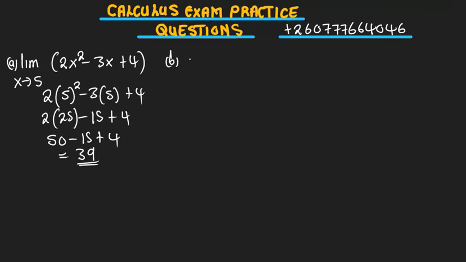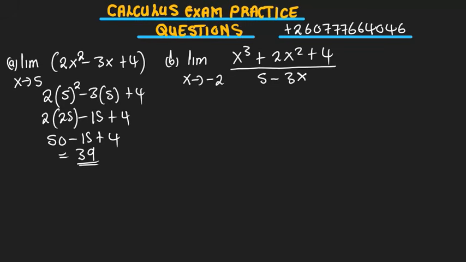The second question is saying you have the limit as x is approaching -2 of x cubed plus 2x to the power 2 plus 4, all over 5 minus 3x. HC students, this is just the same concept as the one I'm applying.